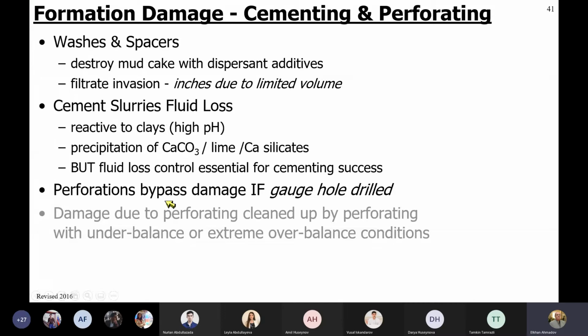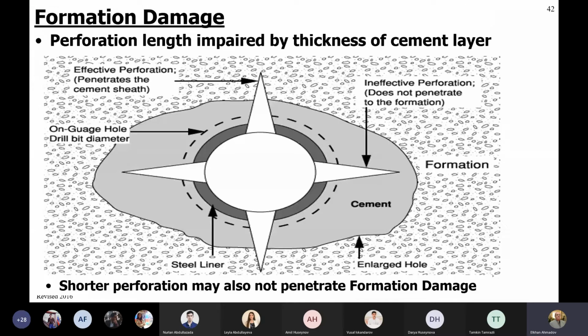We have perforations to bypass damage if a gauge hole is drilled. A gauge hole is when the hole of the well is equal to the bit diameter.